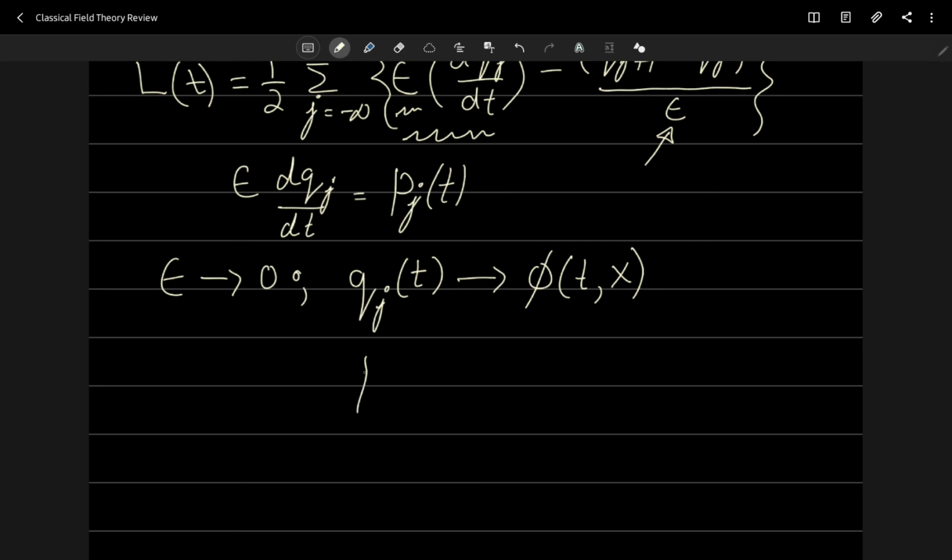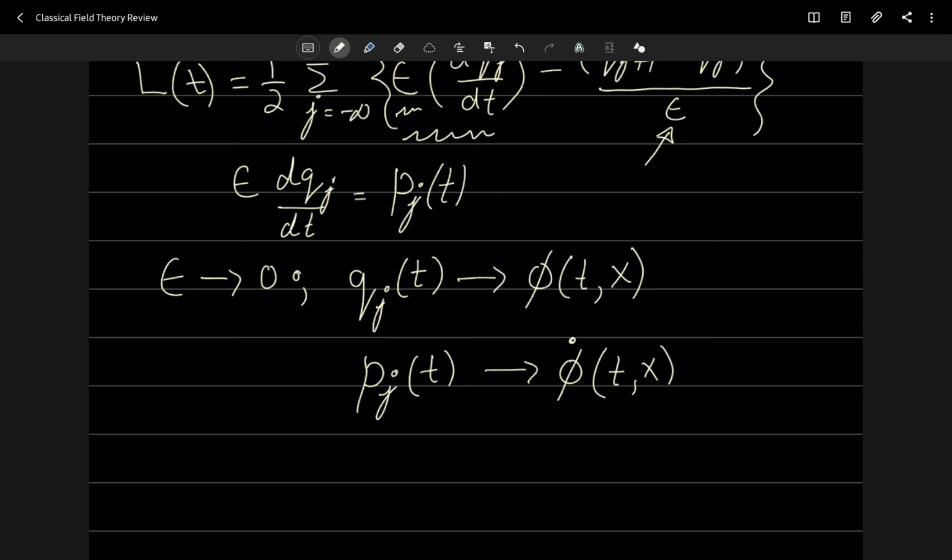And likewise this momenta goes to phi dot of (t, x), where phi dot is simply the time derivative of the field.